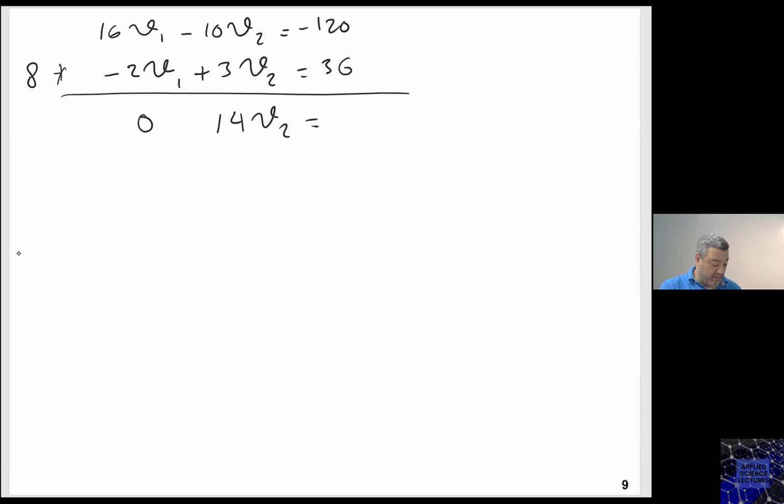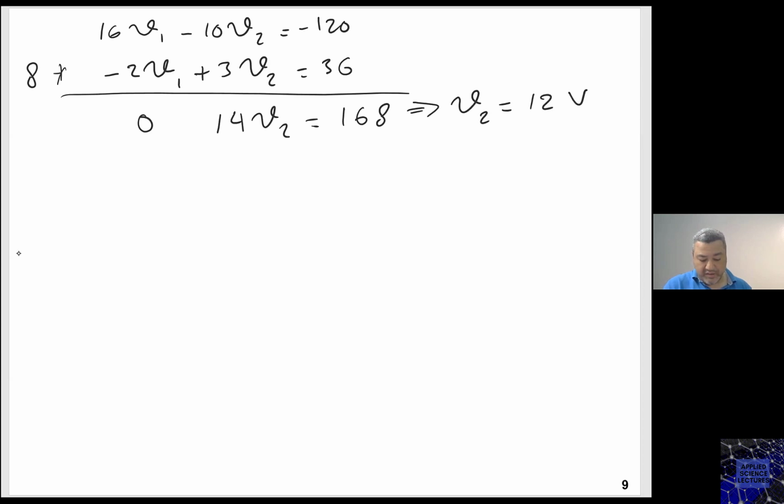Then I have 36 times 8 minus 120, 168. Then V2 is 12 volts.